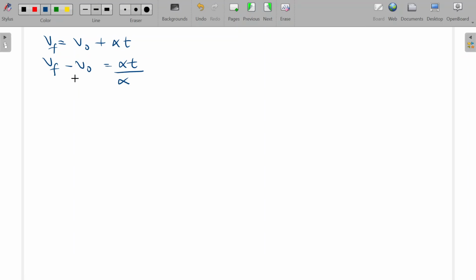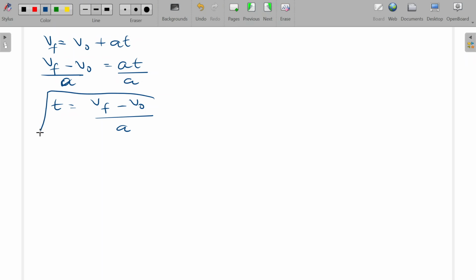You divide by the acceleration both sides, and your t is going to be equal to v final minus v initial over acceleration. Now this is in linear motion.